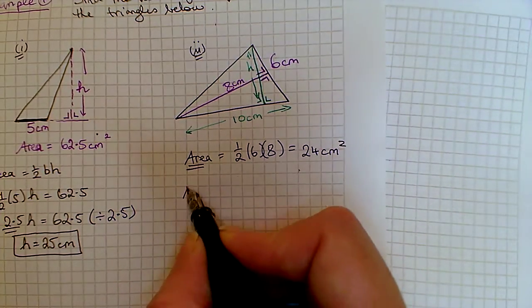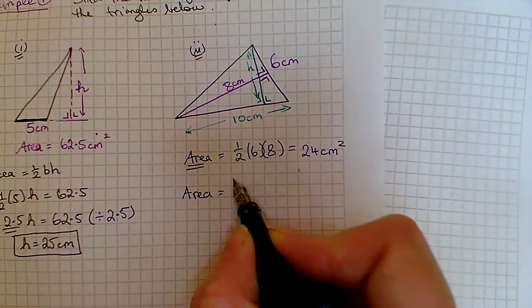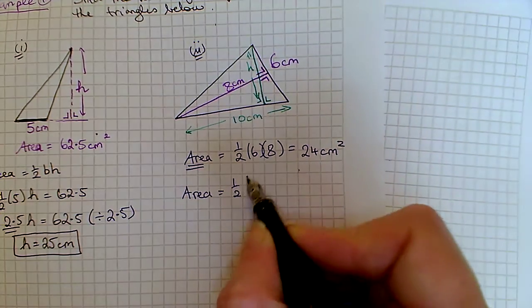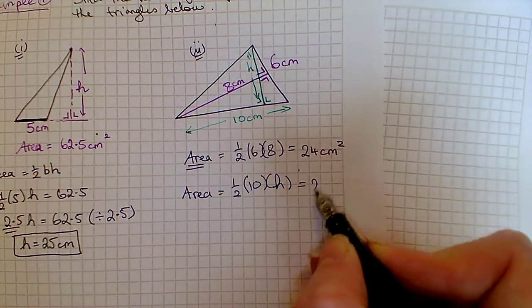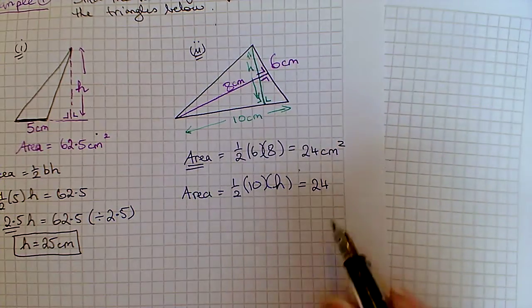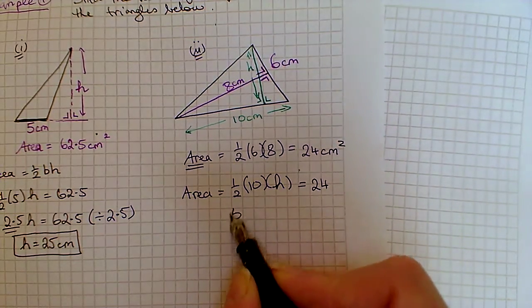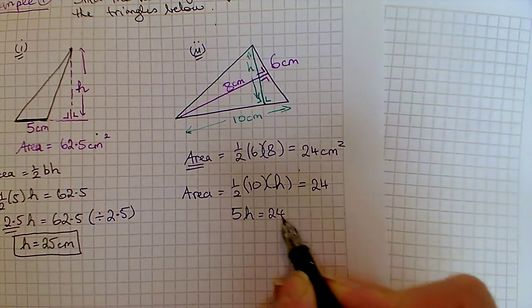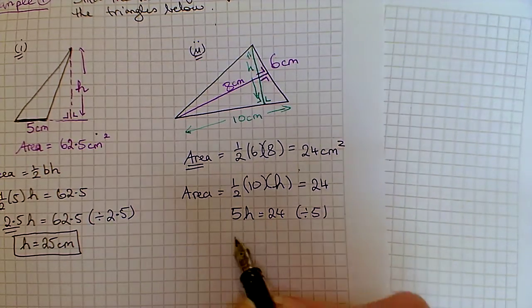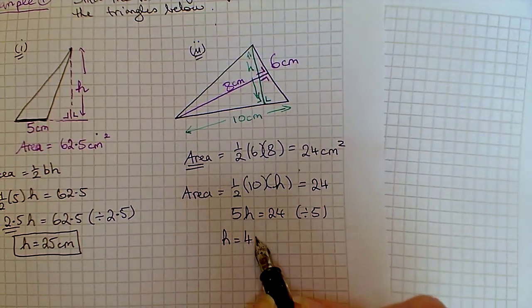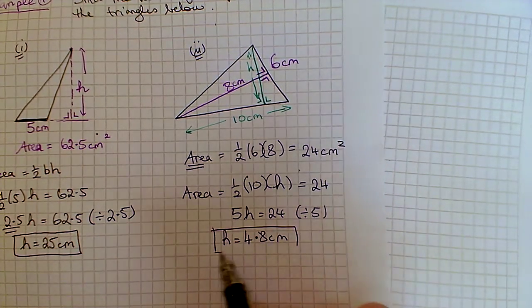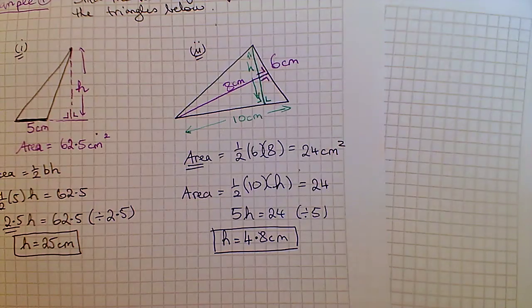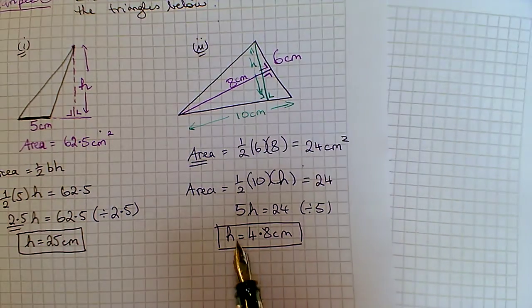So the area is also a half by this base, by 10 by h, and I should get the same answer for area when I do that. So I've got 5h is equal to 24, divide across by 5, and h is equal to 4.8 centimeters. Okay, so hopefully that's clear enough.